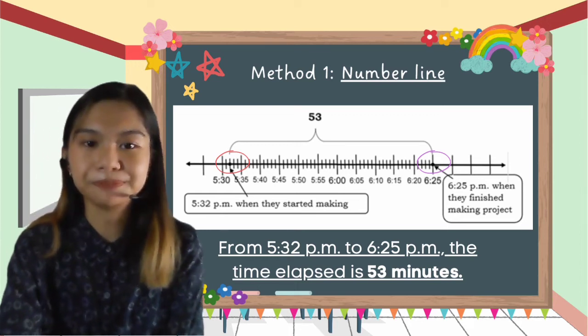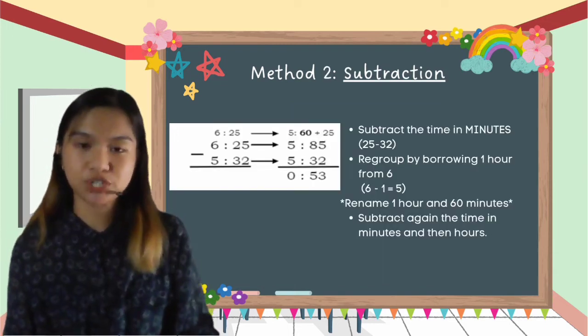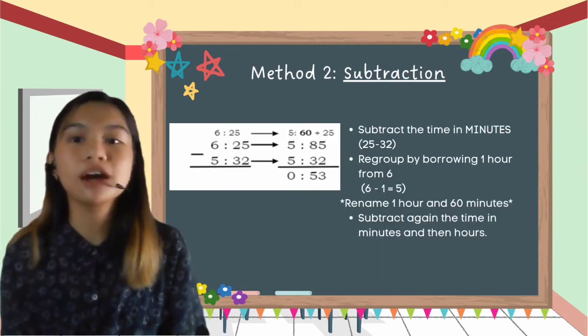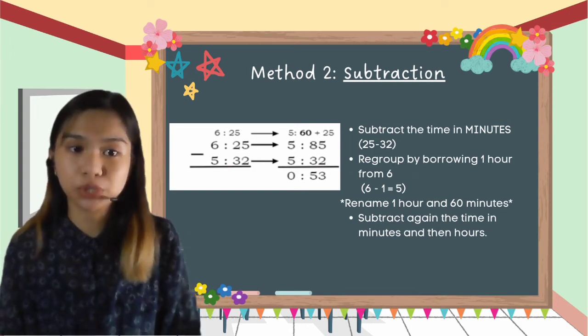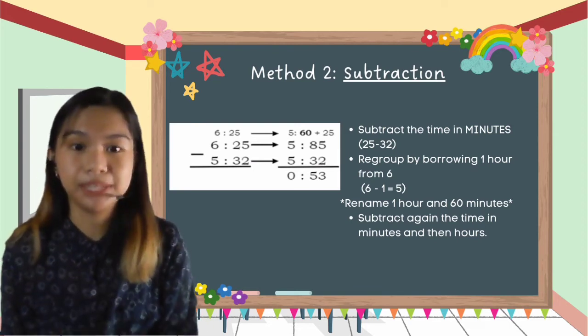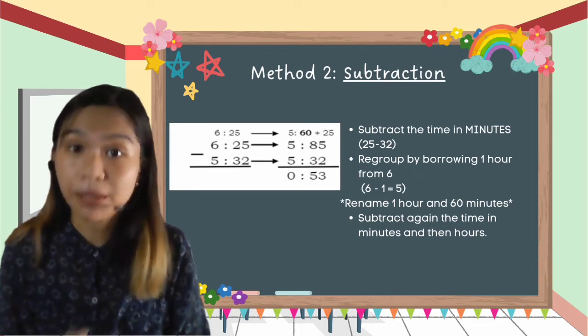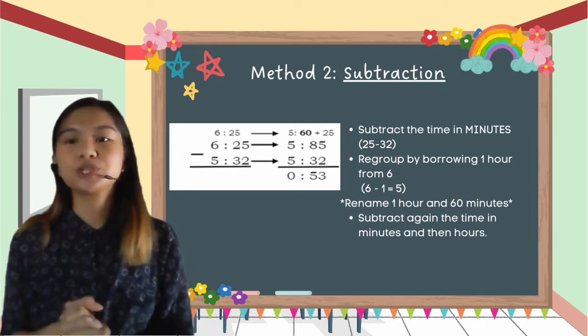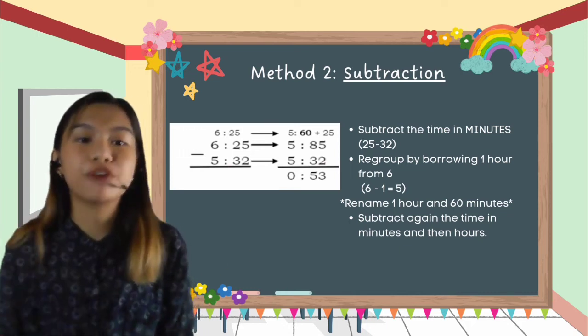Very good. Okay. So the second method, which is subtraction. So we first need to subtract the time in minutes, which is 25 minus 32. However, we cannot subtract the time in minutes kasi mas maliit si 25 kay 32. Tama po ba? Opo. So we have to regroup by borrowing 1 hour from 6.